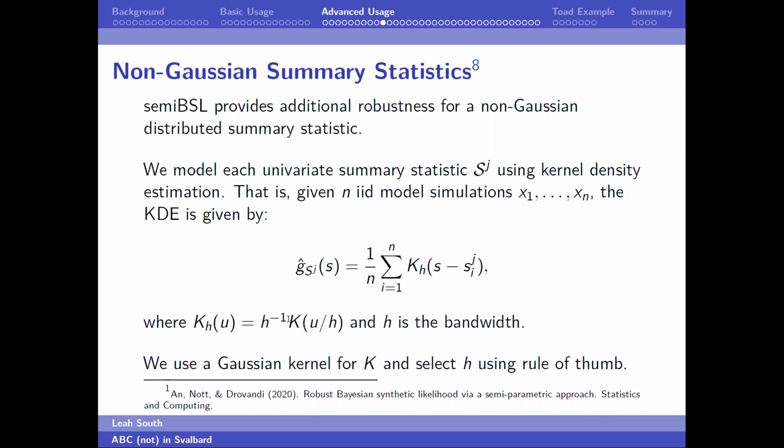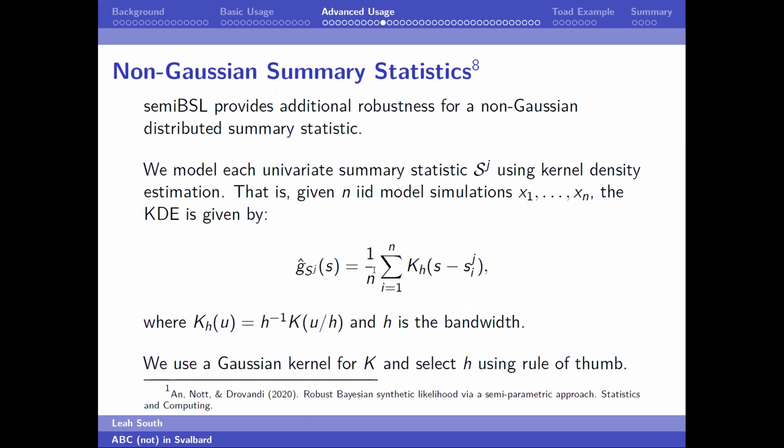Sorry, I'll start that again. You do a KDE approximation for each of the marginals. Then you use the CDF to convert those to uniform 0, 1, and then you can use the quantile function of the normal so that each of your marginals are normally distributed.